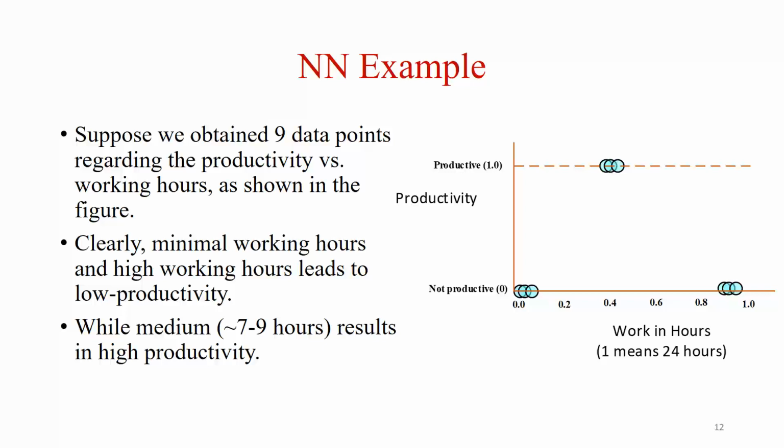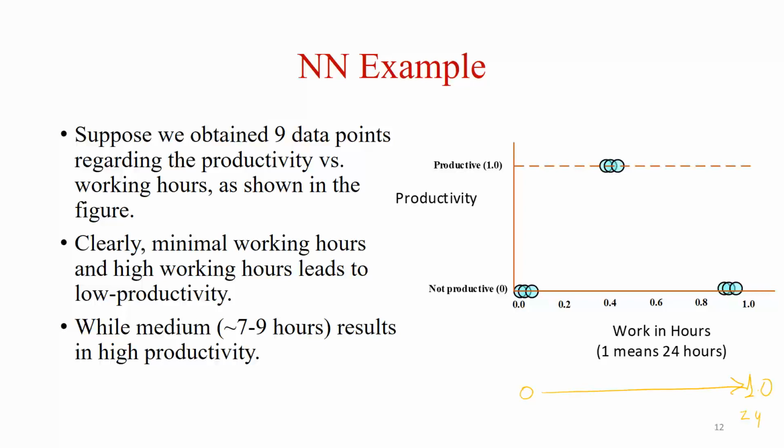You can take the results of regression and assume if it is above a certain value, you can call it a 1, or below a certain value, you can call it a 0. So basically what we have is that we are trying to model productivity versus working hours. So from 0 on this axis all the way to 1. We'll assume 1 is 24 hours.